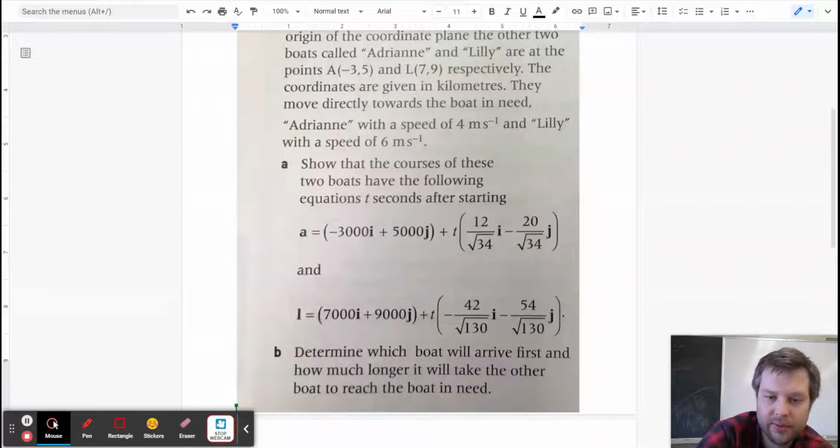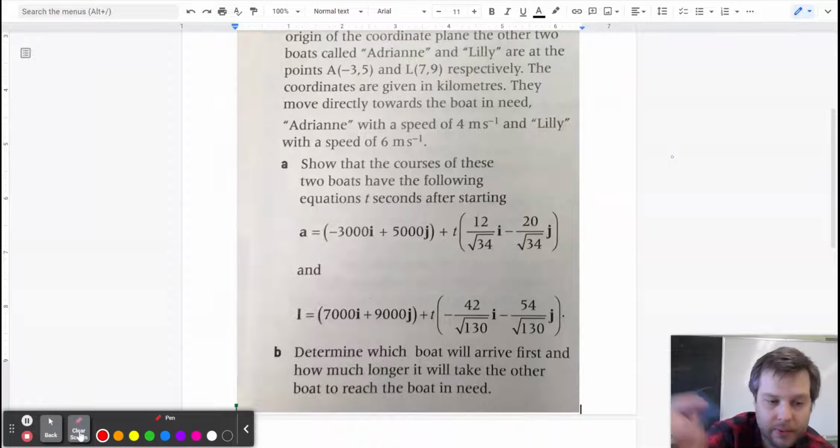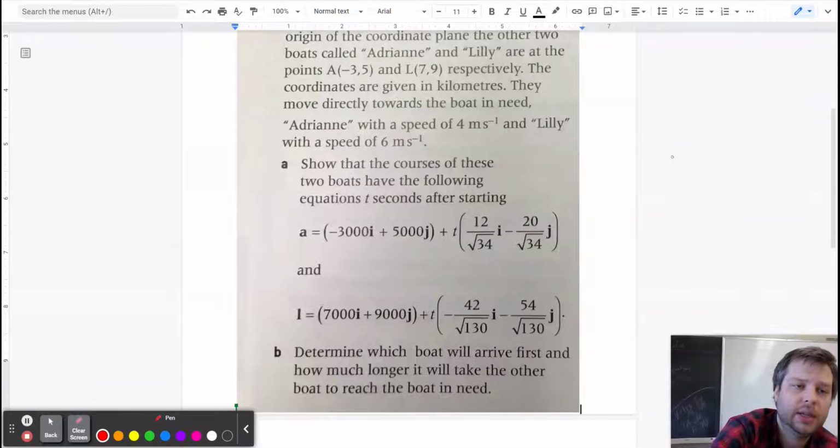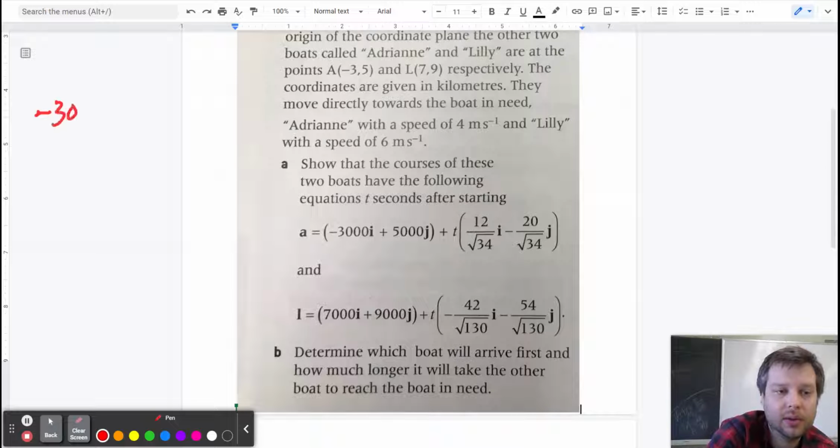Determine which boat will arrive first and how much longer it will take the other boat to reach the boat in need. I'll do this again starting with Adrian, and then because we're comparing, I should do both of them. What we want to do is find out when they reach the origin. So we're going to take the x coordinate, negative 3,000, plus 12 over root 34 times t, and set that equal to 0.